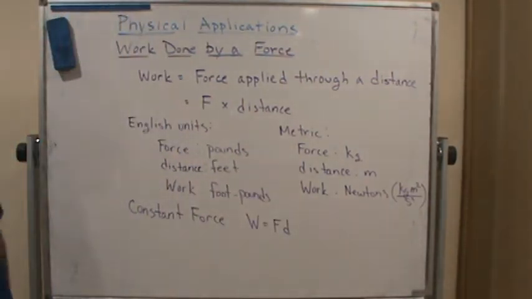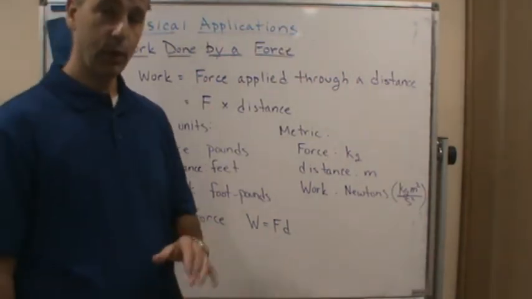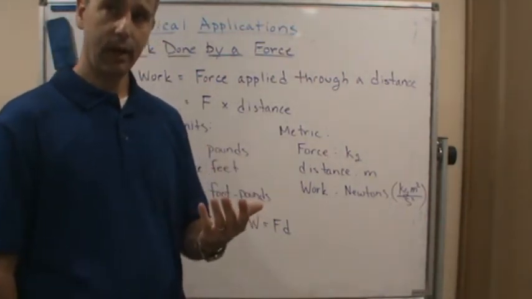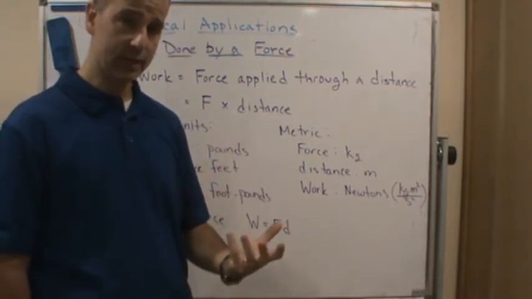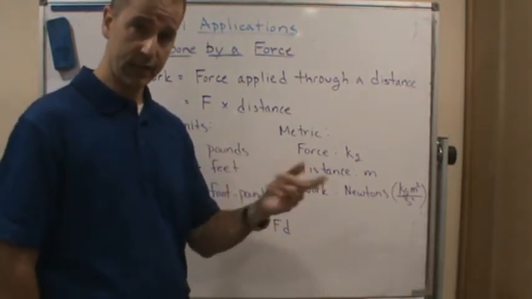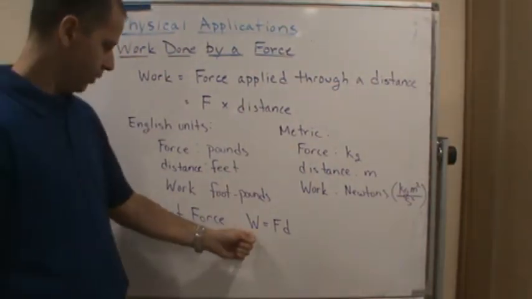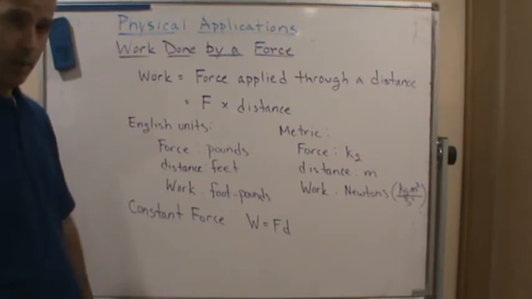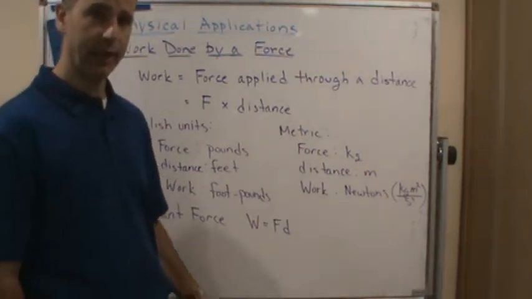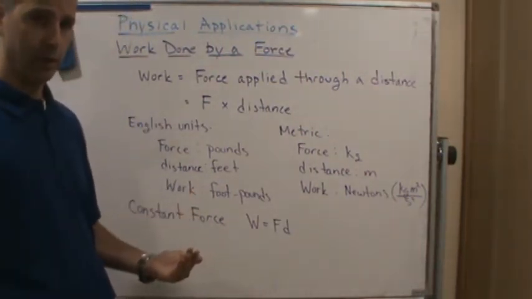Now, in most cases, when we talk about force, we always assume a constant force, right? So in physics, if we assume a constant force, then the calculation becomes very easy. It's just work equals force times distance.